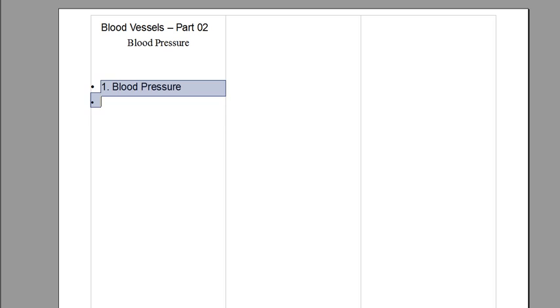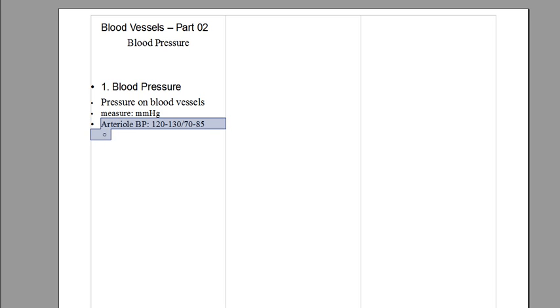Okay, let us talk about blood pressure. When you talk about blood pressure, you are thinking of the pressure that your blood makes on the blood vessels. Normally, you measure this pressure in millimeters of mercury, and the range should be between 120 and 130 for the systolic pressure, and between 70 and 85 millimeters of mercury for your diastolic pressure.